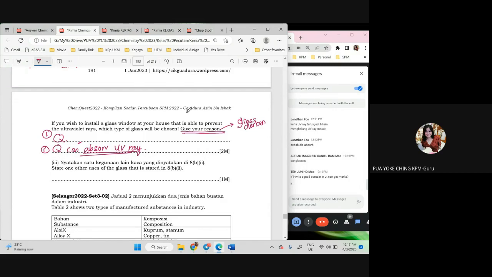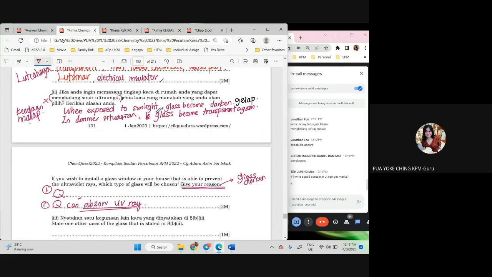The previous answer for this one was accepted because the students understand the whole concept. But when you use the whole concept, you need to write all, meaning you need to explain it becomes transparent again. Okay? If you're just writing the component, the AgCl inside, then no marks. So, continue with the Adrian answer.